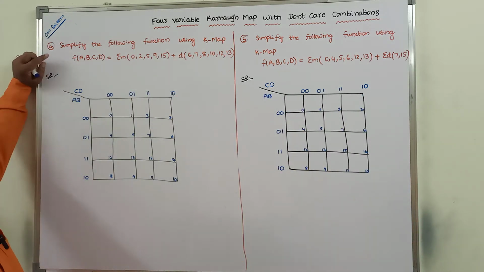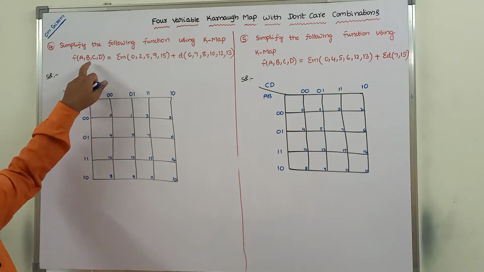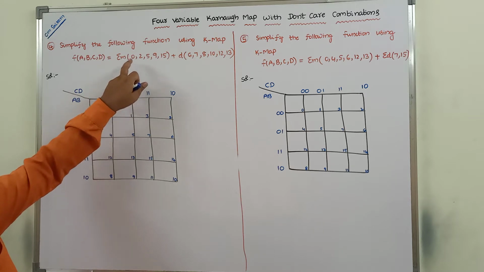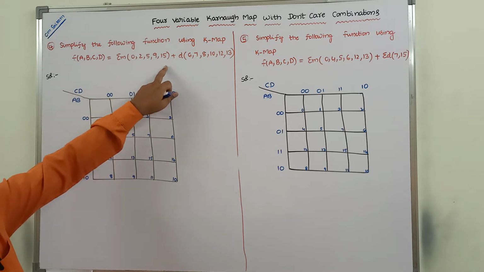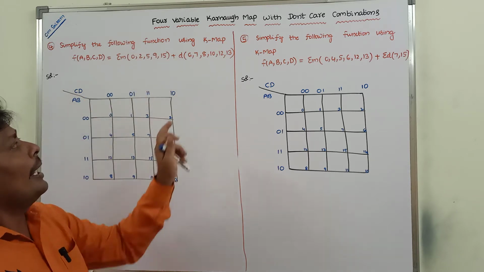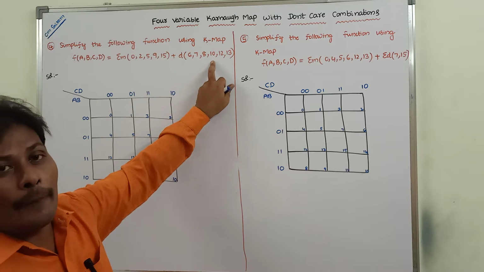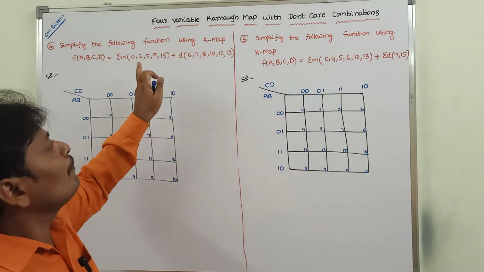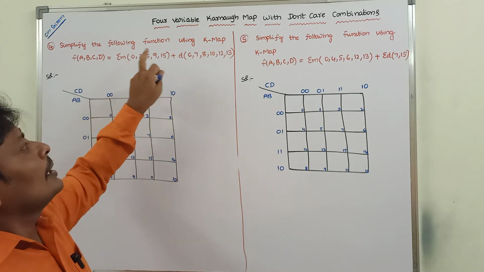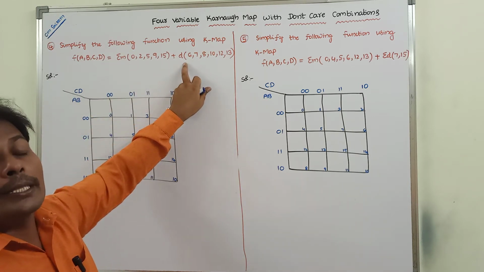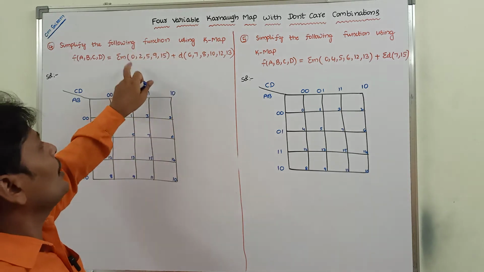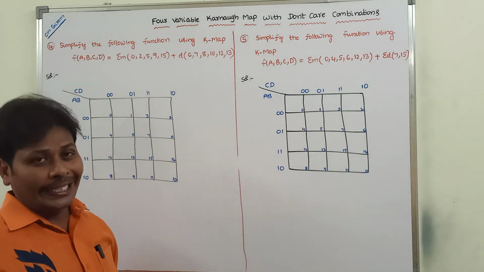So the given Boolean function is f of a, b, c, d is equal to sigma m of 0, 2, 5, 9, 15. So these are the sum of given minterms and these are the don't care combinations. While simplifying the given Boolean function, don't care combinations can be treated as a 1 when we are using sum of minterms.